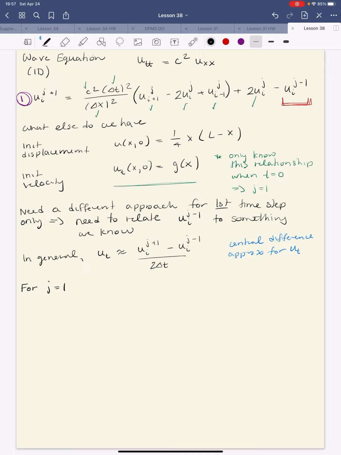Okay, so for j equals 1, that means that what I have on the left side of equation 1 is u sub i, and then 1 plus 1 is 2, equals c squared delta t squared over delta x squared, and then we have u sub i plus 1, 1 minus 2 u sub i, 1 plus u sub i minus 1, 1, plus 2 u sub i, 1 minus u sub i, 0.